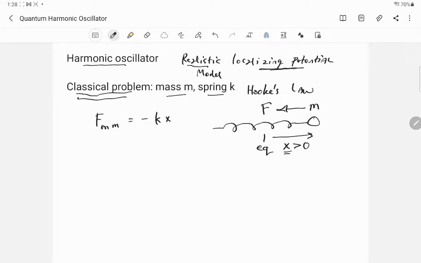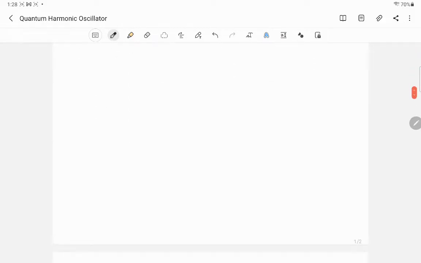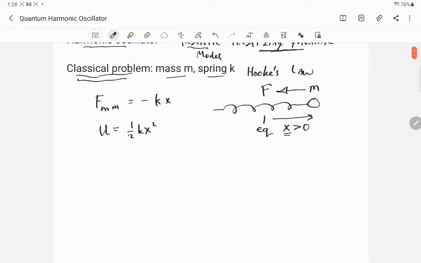It's a localizing force. And you can define a potential energy. It'll be 1/2 kx squared. And the reason that this is important is because if we want to quantize the harmonic oscillator, we're going to have to put a potential energy function into Schrodinger's equation. So that's why we need to keep track of it.